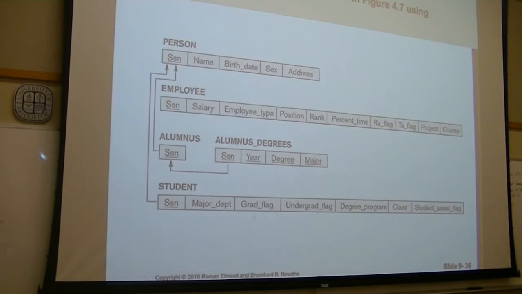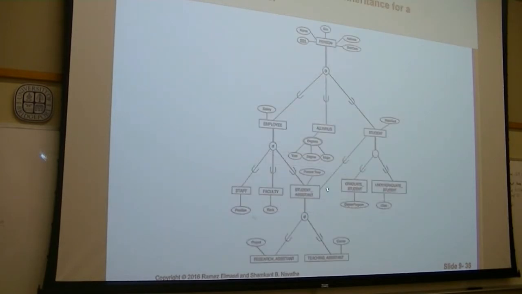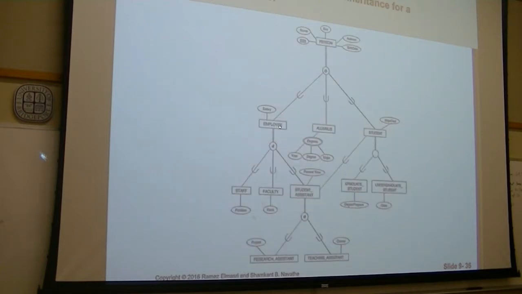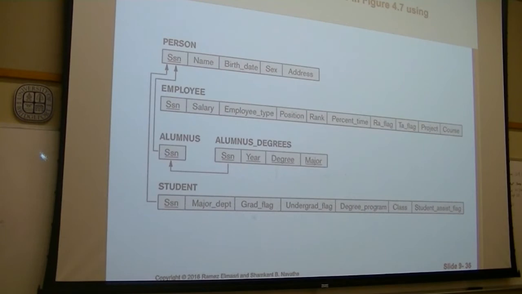Which option is selected to create the employee for these super and subclasses? The first option is not, right? If the first option is selected, employee, staff, faculty, student assistant would all be different table relations. But here is only one, which means either option 3 or option 4. You understand? So either option 3 or 4.